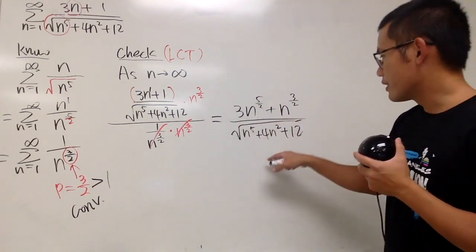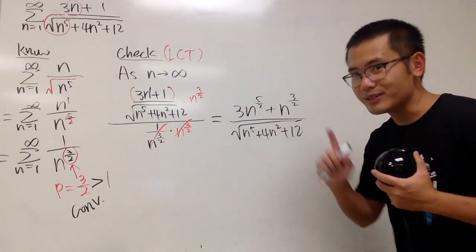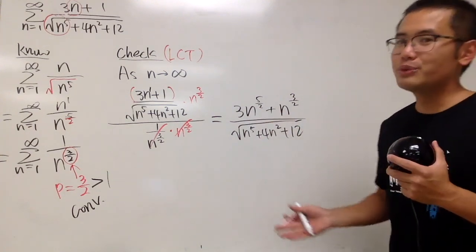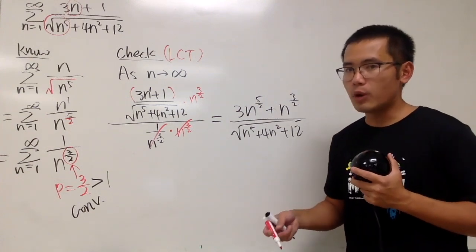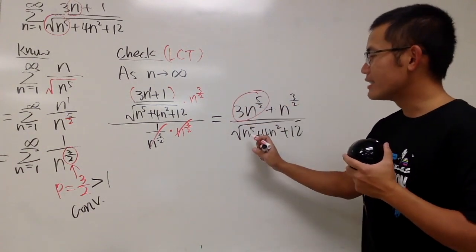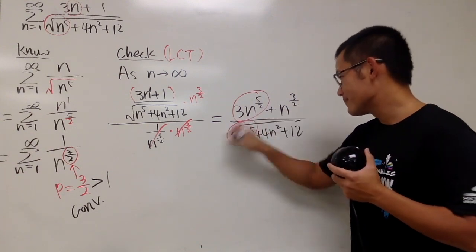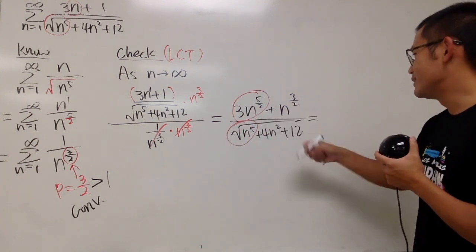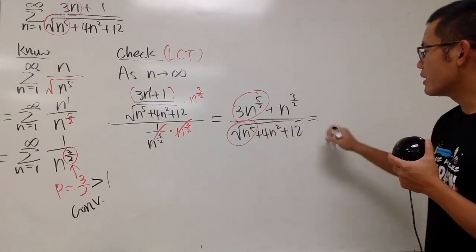All these terms right here are just n to some power. When we have this situation, just compare the highest power of n on the top, which is this, and also the highest power of n on the bottom, which is this. You can see this nicely.